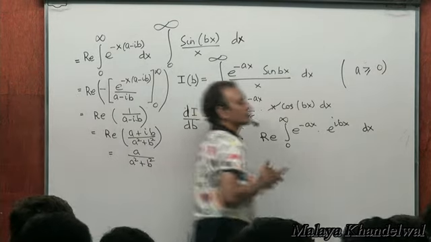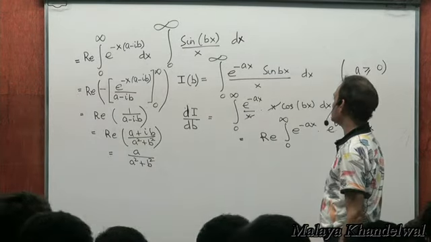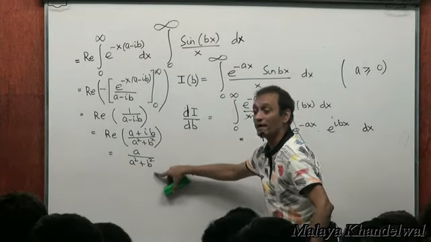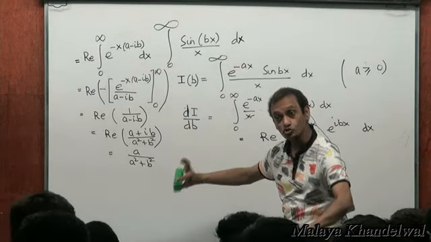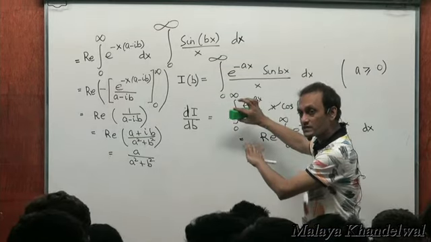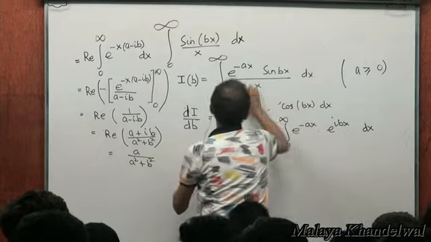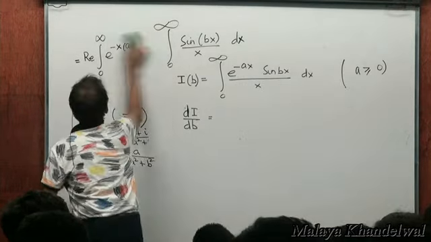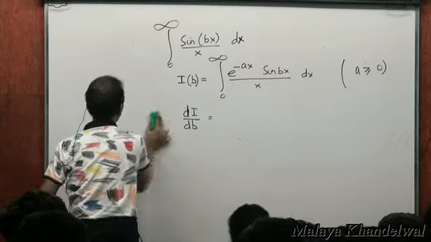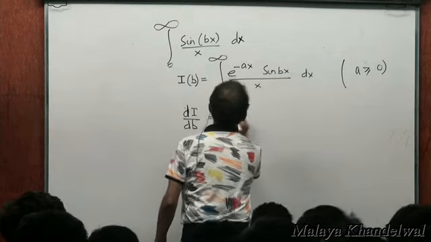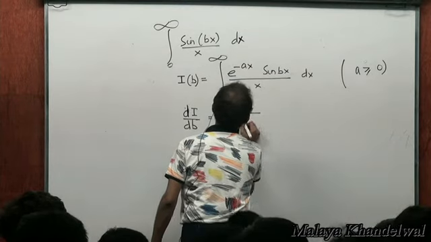Therefore, dI by db is a by a square plus b squared. So far so good? Can I just remove things and create some space? dI by db turns out to be a by a square plus b squared.